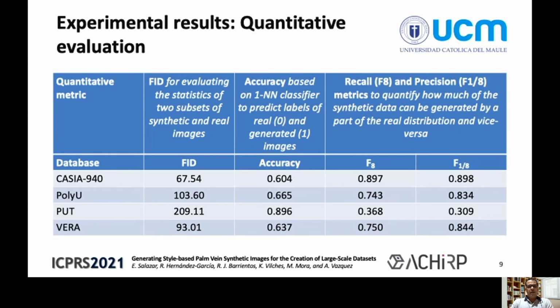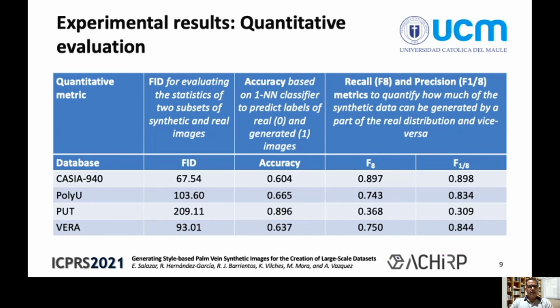The accuracy based on a one nearest neighbor classifier to predict labels of real and generated images. And thereby, we can estimate the similarity of both datasets by the accuracy of a leave-one-out scheme.